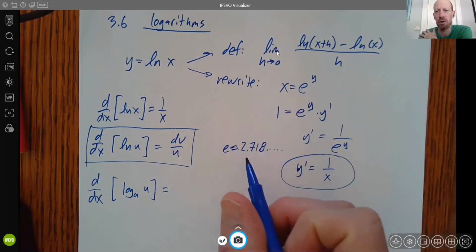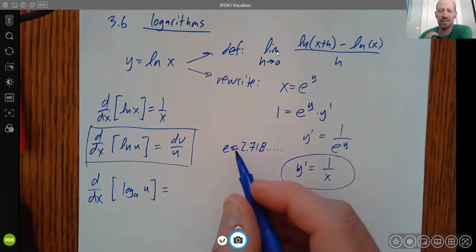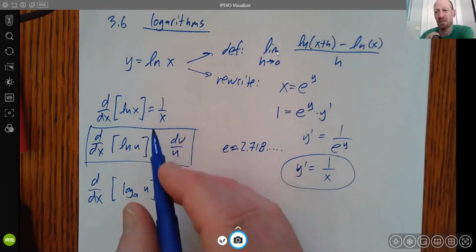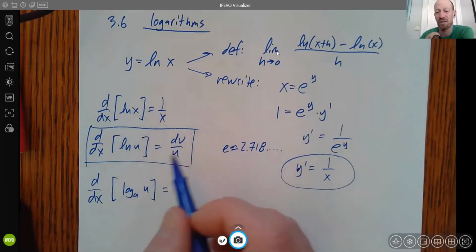The way things grow and change turns out to relate to this number E. But it can also be defined using limits, and what it does is it makes our derivatives here really easy. That's in some way what E is. It's the number that makes this derivative the simplest.